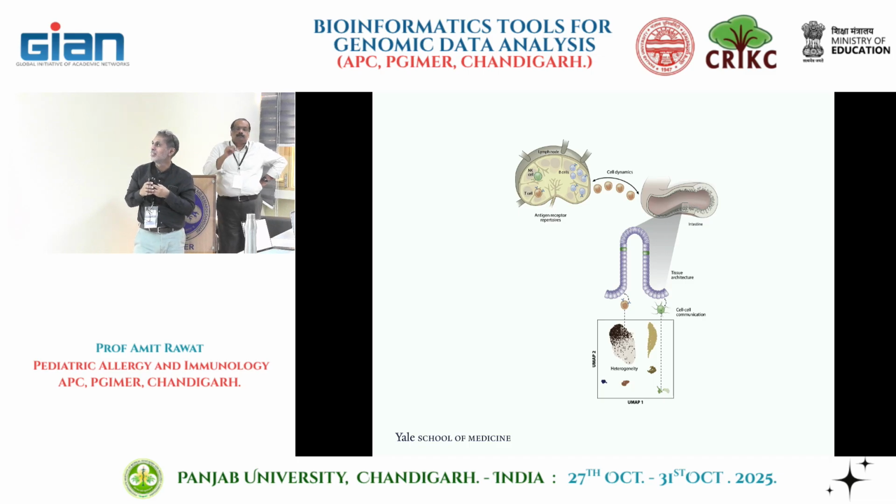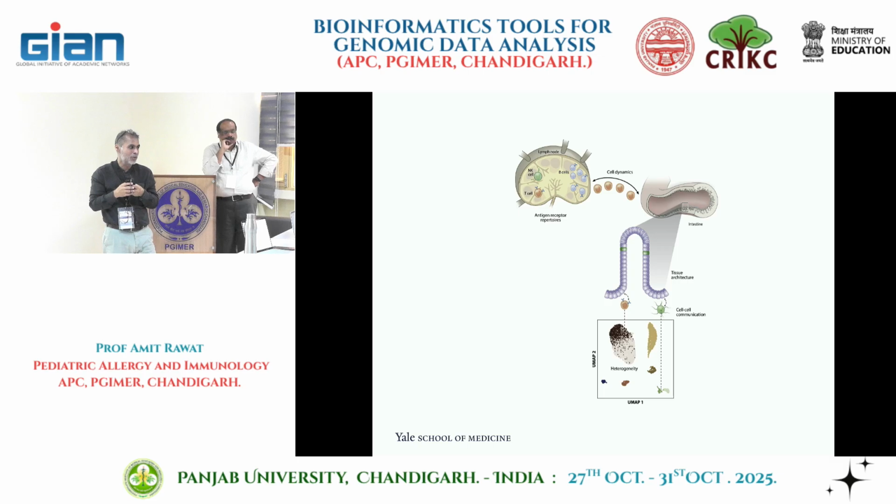You can look at antigen receptors, like T cell receptor or B cell repertoire analysis. You can look at cell dynamics, interaction between cells, and cell-cell communication. With single cell spatial transcriptomics, you can also look at tissue architecture, and in that way dissect the heterogeneity within a sample which would appear to be homogeneous.